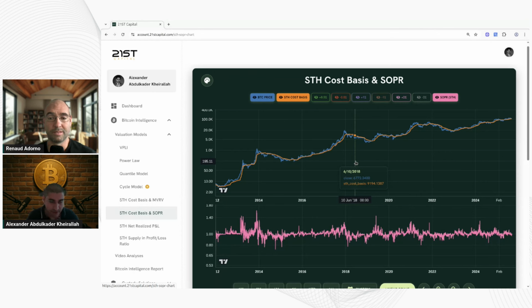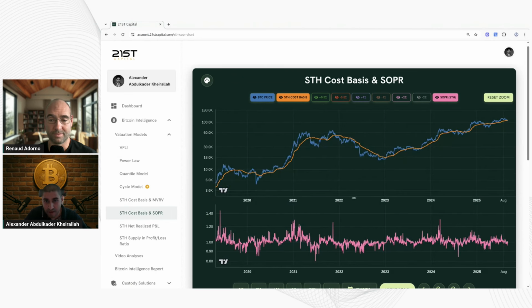Because the way we calculate that is that we look at the average price of the coin when they were acquired, i.e. the cost basis, but then the numerator of the ratio has the price of the coins when they were moved or spent. So when they were essentially spent or sold, right? That gives you an idea of the actual profits that were acquired. Again, this is a ratio that is either above one or below one, just like MVRV.